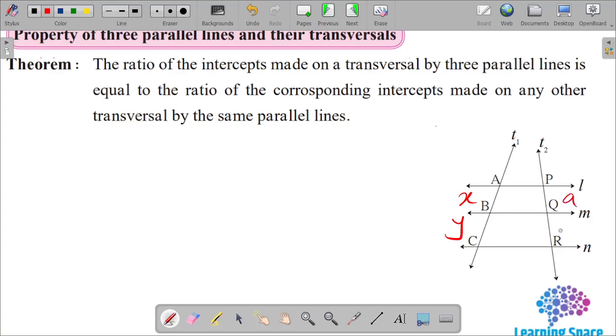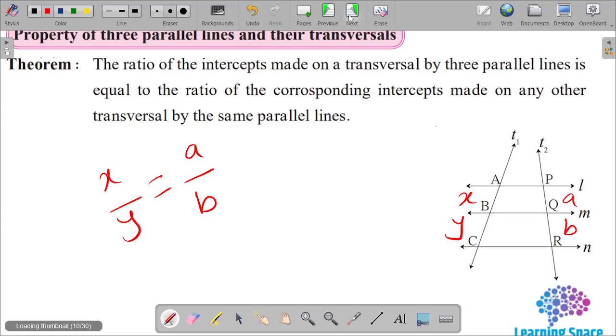PQ is A and the length of QR is B. So by this theorem we can say the ratio of corresponding intercepts is equal. So x by y equals A divided by B.